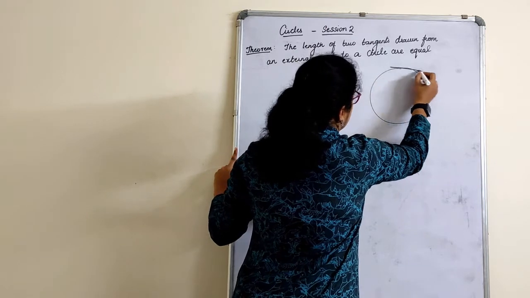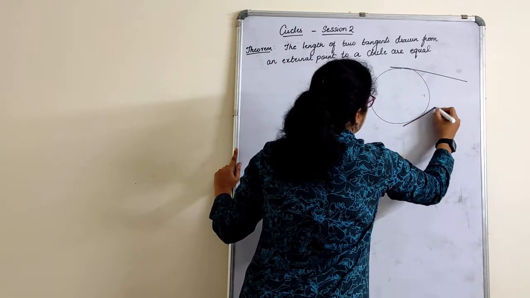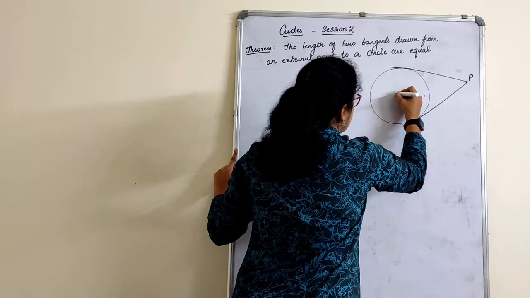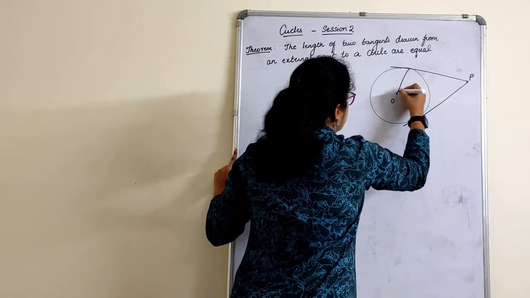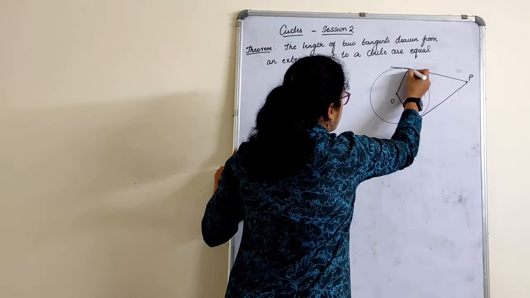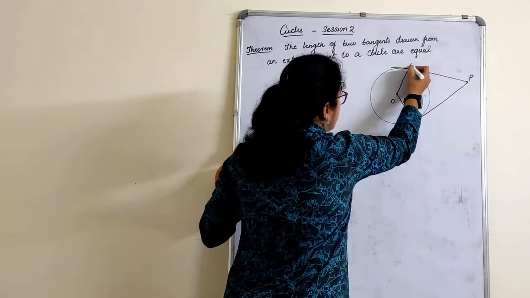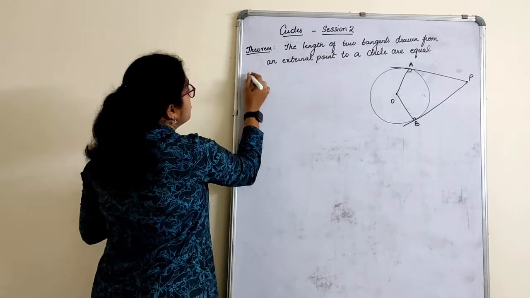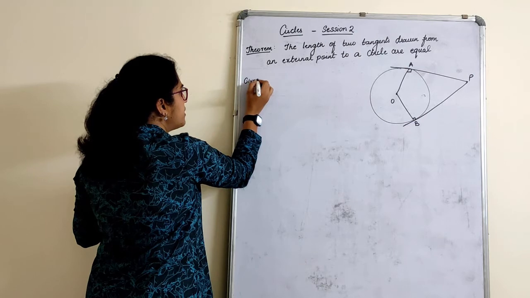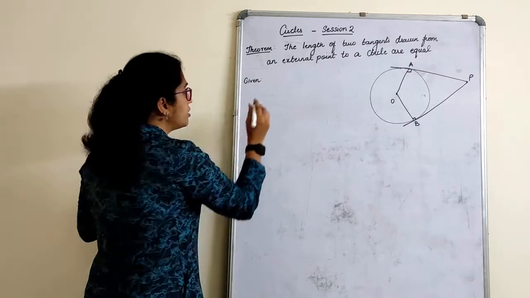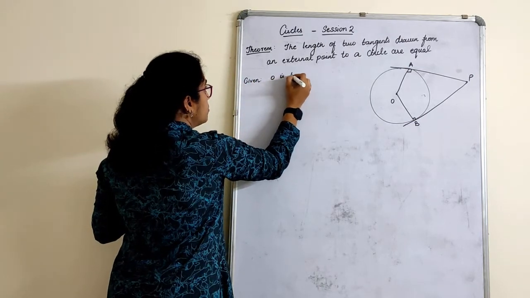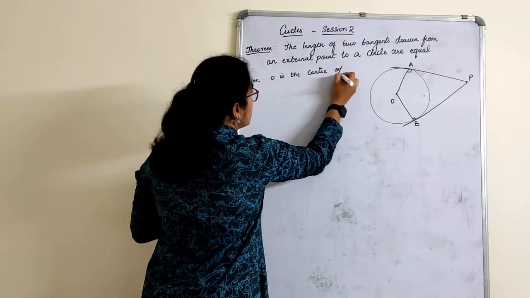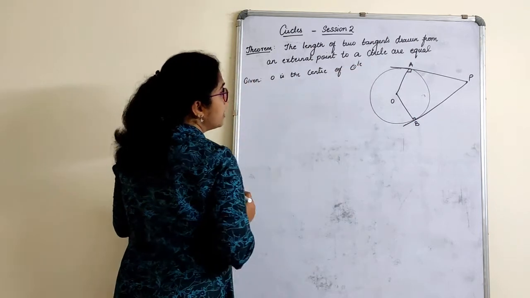So if I consider here, this is an external point P. Now this is the center O. Always we consider O as the center. This is perpendicular, right? My tangent radius theorem. So given, what should be the first given here? O is the center of the circle.